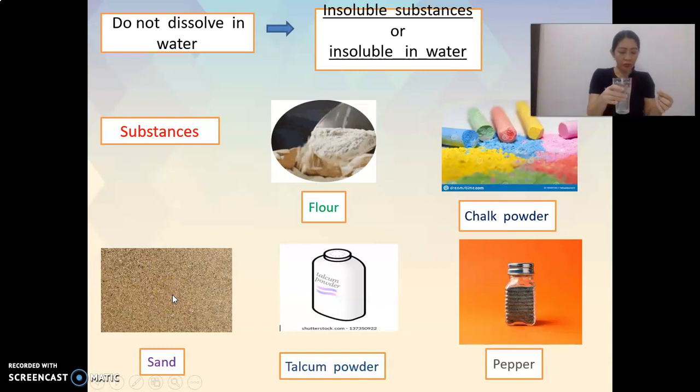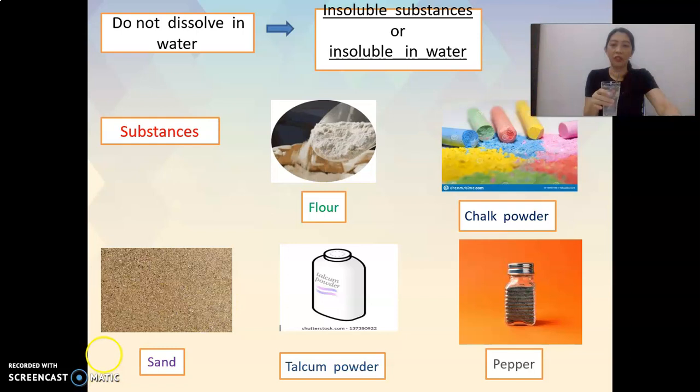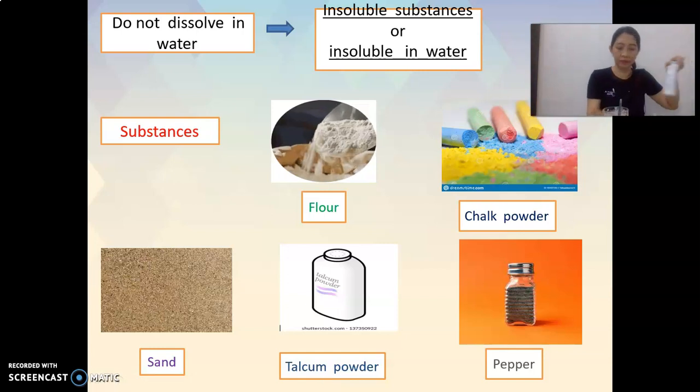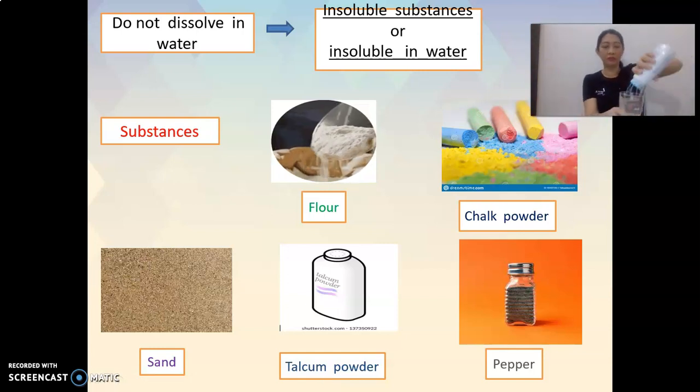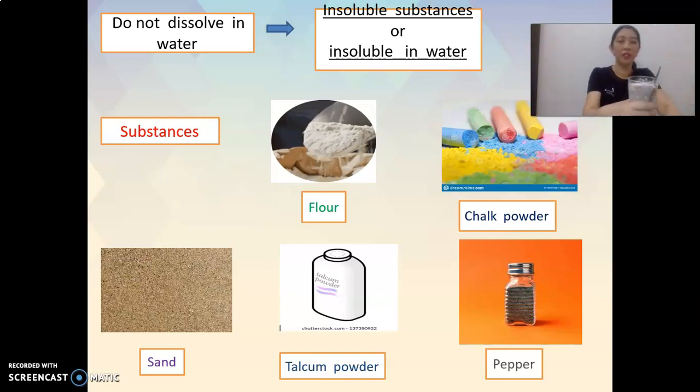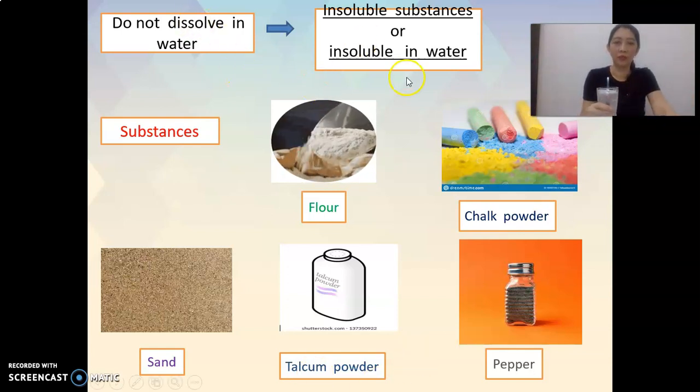When the sand is added into water, then stir, the sand does not dissolve in water, and this is insoluble in water. Talcum powder. So talcum powder does not dissolve in water, insoluble in water.